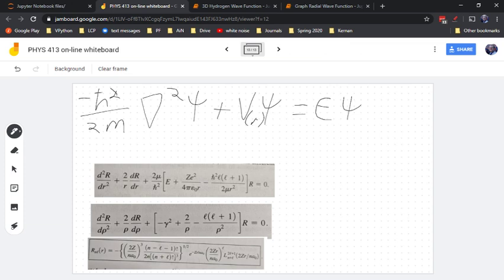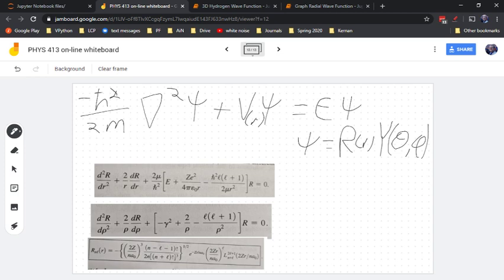And so what happens, like I showed you earlier, we take the psi, we separate it into a function of r and a function of theta and phi. And what that means is, when I separate this out, for the y term I'm just going to get this first piece. The second piece is going to go away because I don't have theta and phi in the potential energy.